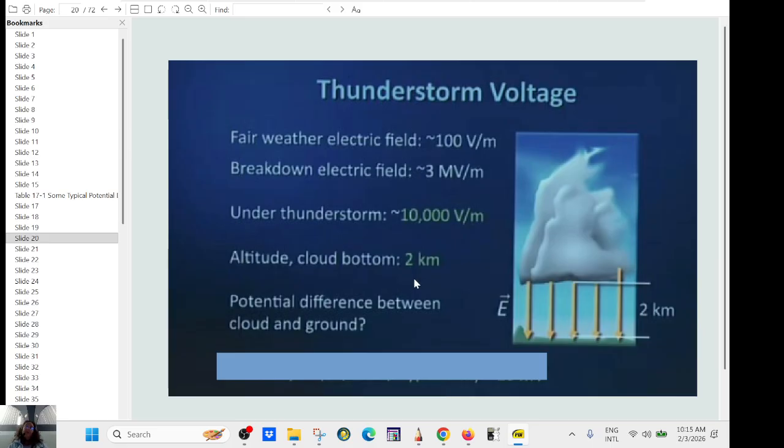So if there is a thunderstorm, you have 10,000 volt per meter. So 10,000 volt is like a slope per meter. So what's going to be the voltage for 2 kilometers? It's easy, right? It's a proportion.